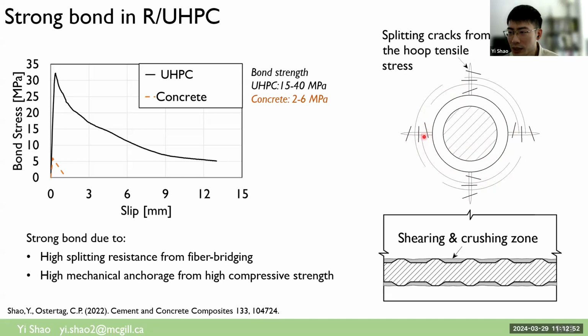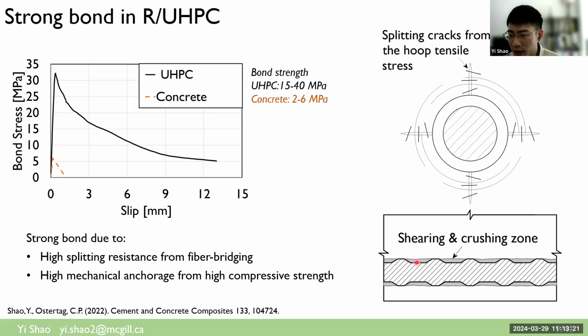For UHPC, because of the fiber bridging, the fibers will very well restrain the opening and the expansion of the splitting crack. So it will provide very high splitting resistance. And when high splitting resistance is provided, then the splitting failure will be transformed to a pullout failure, which means the UHPC keys between the steel rebar ribs will be sheared and crushed.